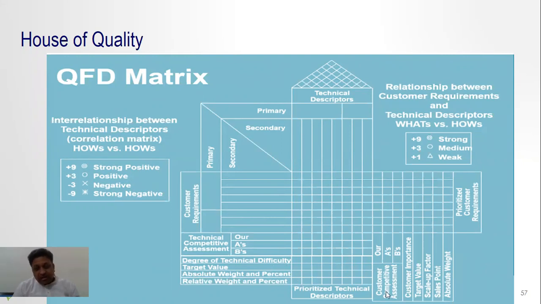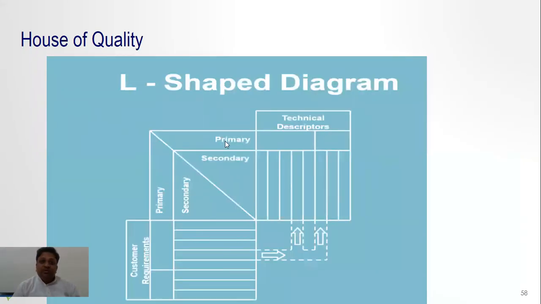And the target values are here, prioritized technical description. L-shaped diagram means here horizontal requirement to vertical requirement.